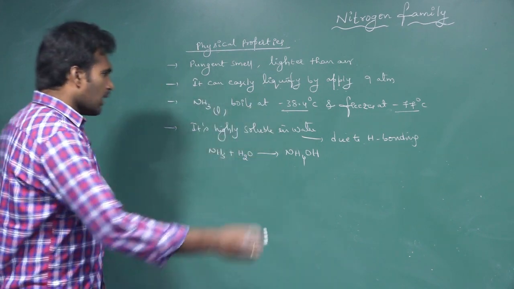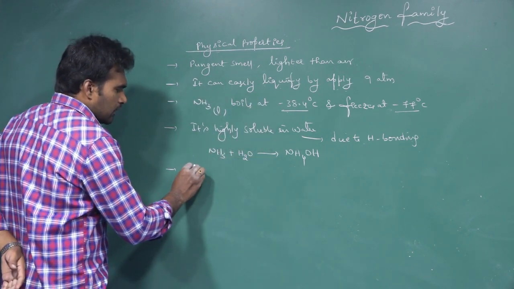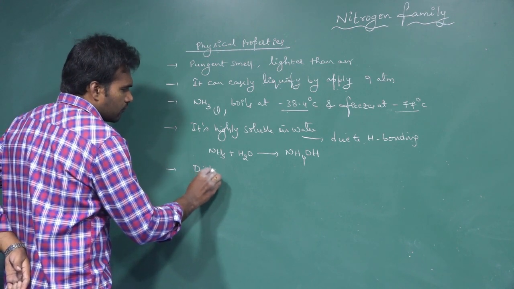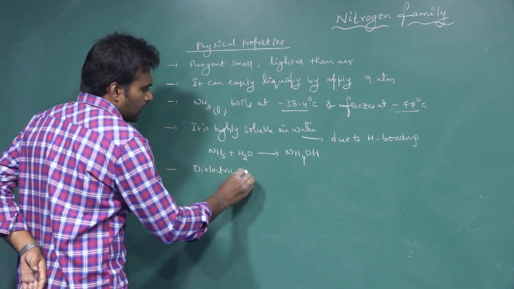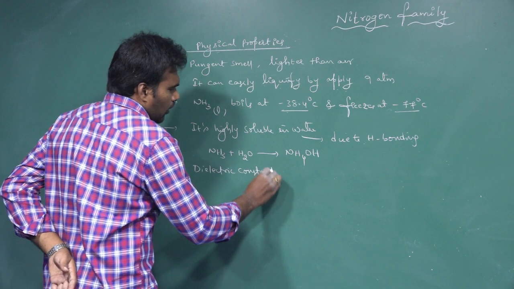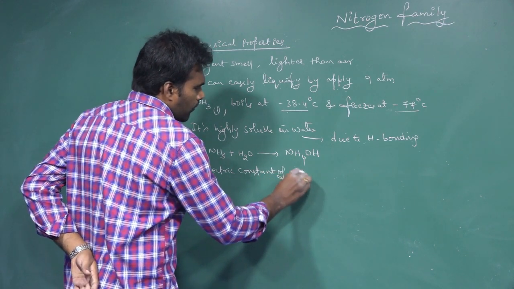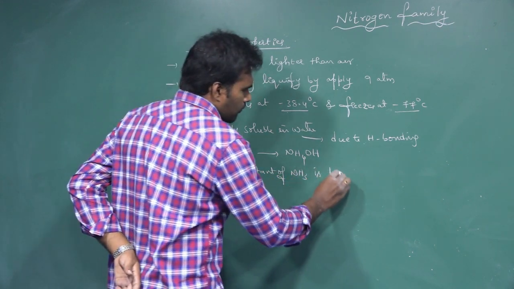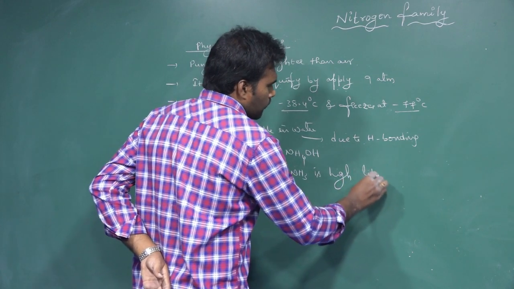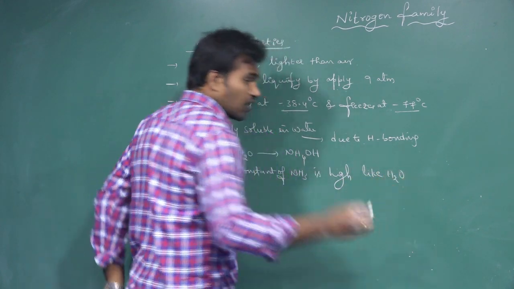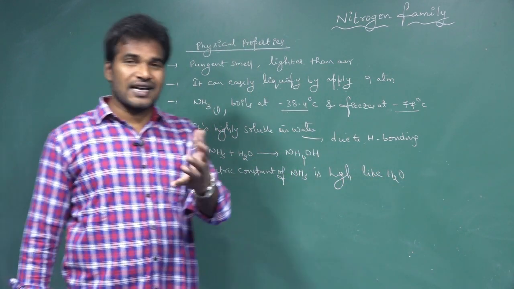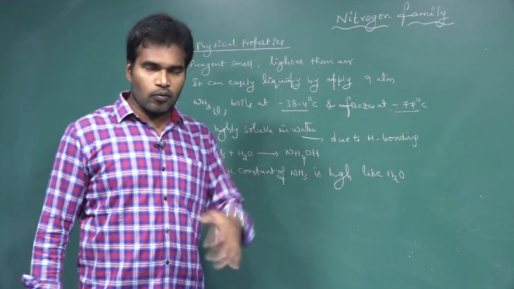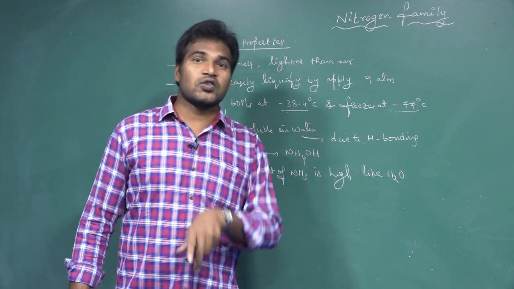And next, the dielectric constant of ammonia is high like water. Water also has a high dielectric constant. That is why water acts as a universal solvent, an ionizable solvent.